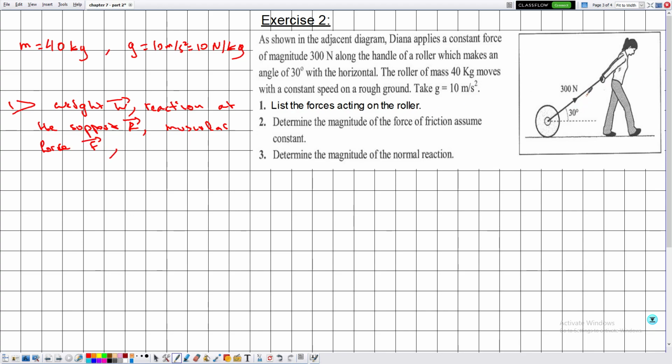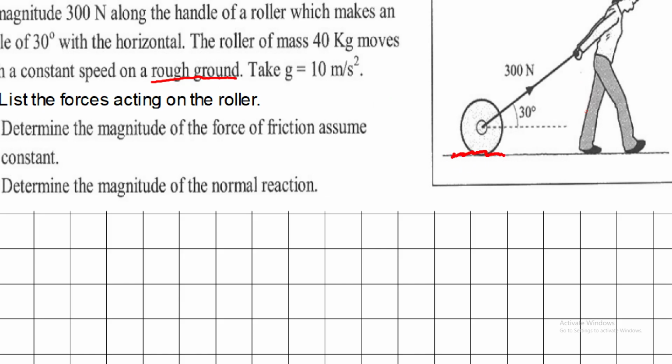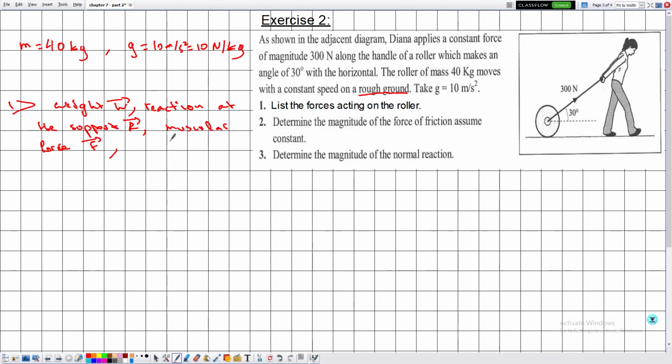Here they didn't specify if this handle is a string or not, so let's suppose that this is simply 300 newtons, a muscular force. In addition, they are telling me rough ground, which means that the surface of contact between the roller and the ground is rough, so the force of friction exists. So here we have an additional force, the friction force, denoted by small f. So these are all the forces acting on the roller.